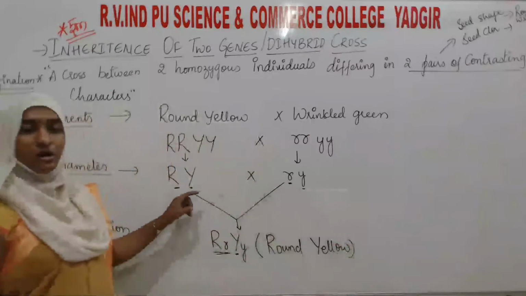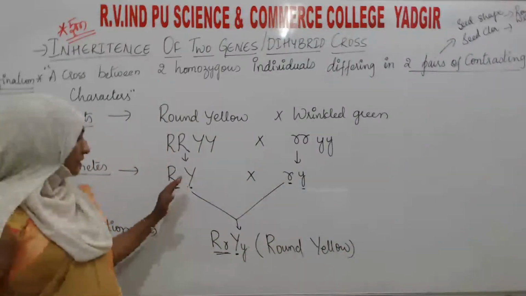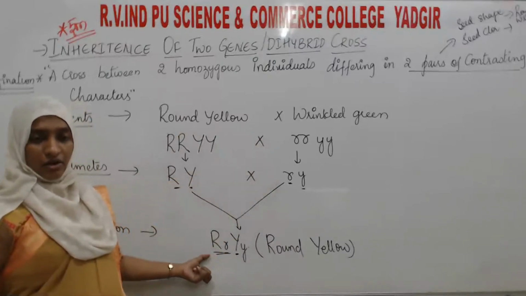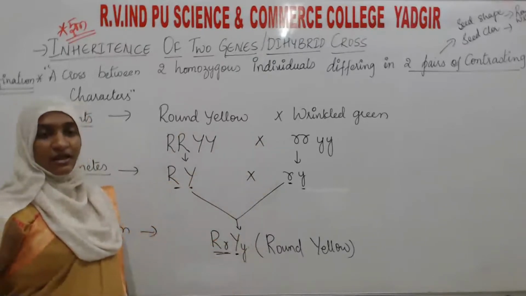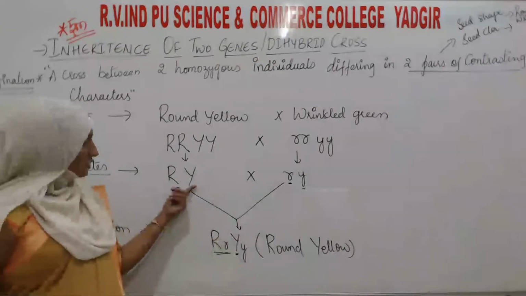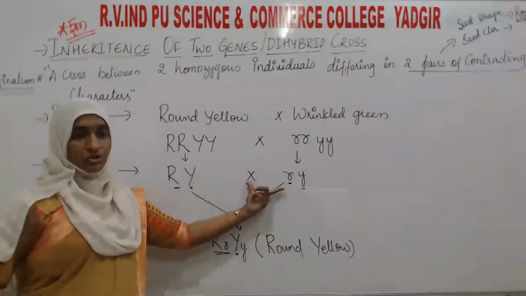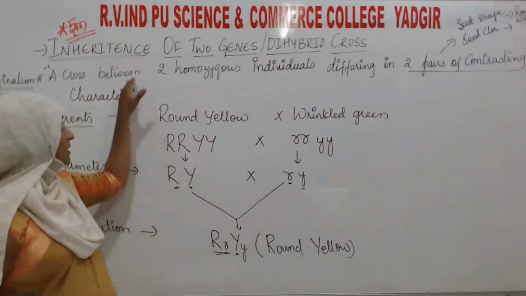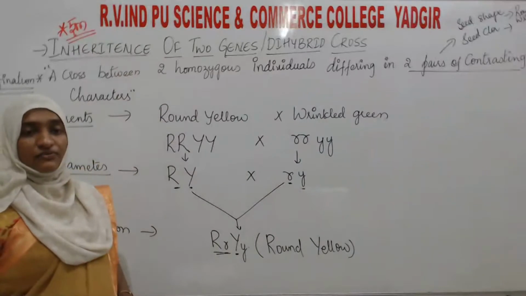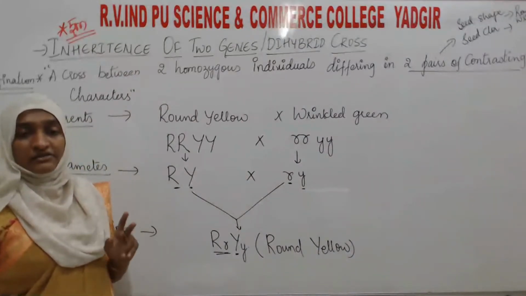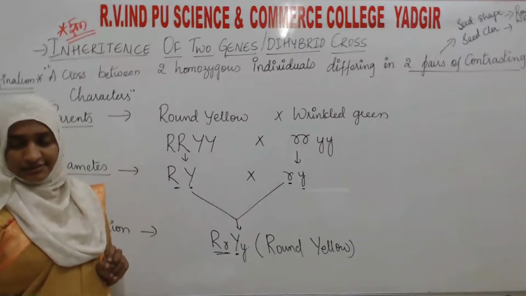So the offspring from round yellow with wrinkled green is round yellow. Two genes are inherited to the next generation, so we call it the inheritance of two genes, and those two genes have two pairs of contrasting characters.